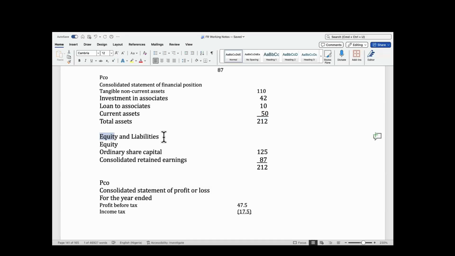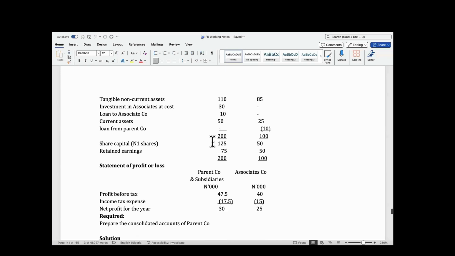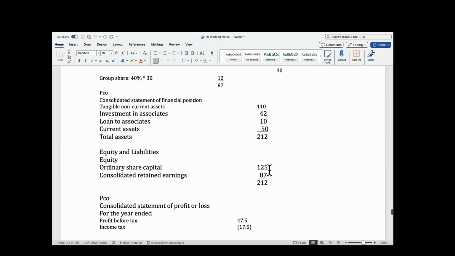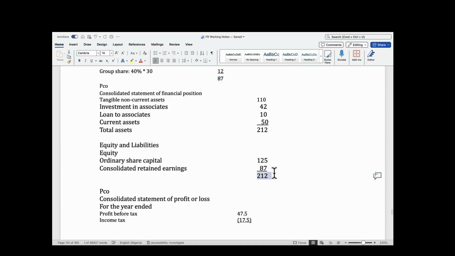Under my equity, I have ordinary share capital, and my ordinary share capital will be that of the parent, the consolidated. I don't add this, so it's just 125. My retained earnings is the one I worked here. This is 87. So if I add the two together, it gives 212, which is a balanced figure with this 212.